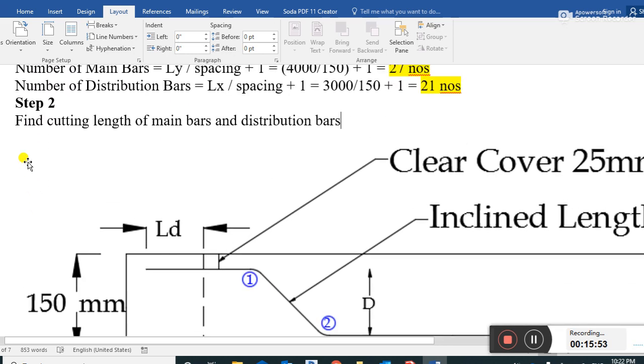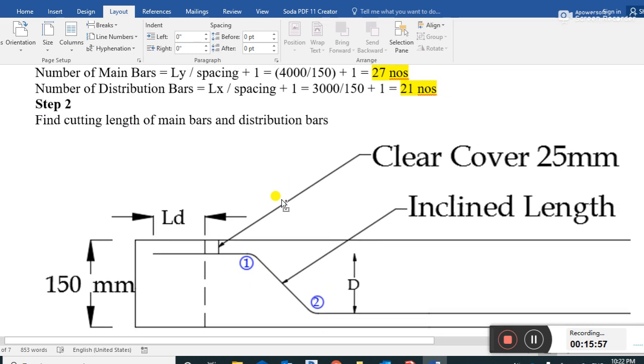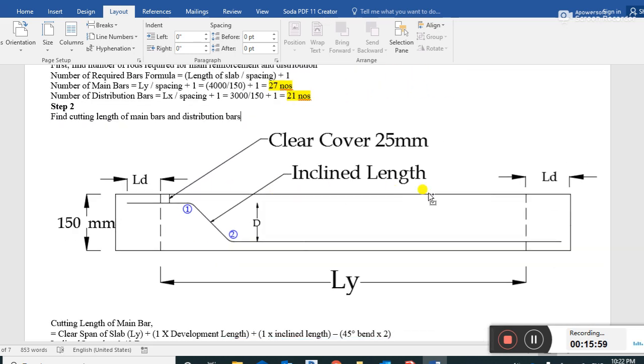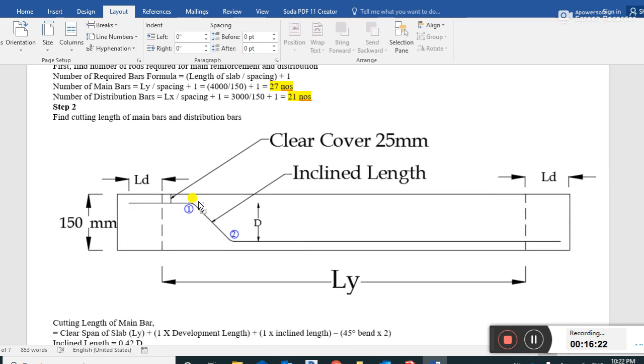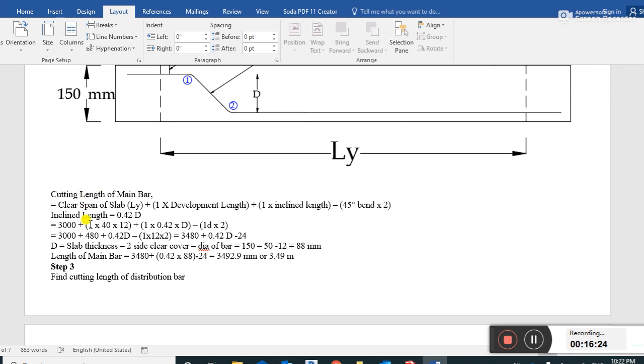Step number 2, find the cutting length of the main bars and distribution bar by considering this diagram. This is Lx, this is Ly, the slab thickness is 150, this is Ld, this is slab thickness, this is inclined length, this is the clear cover, 25 millimeter concrete cover.